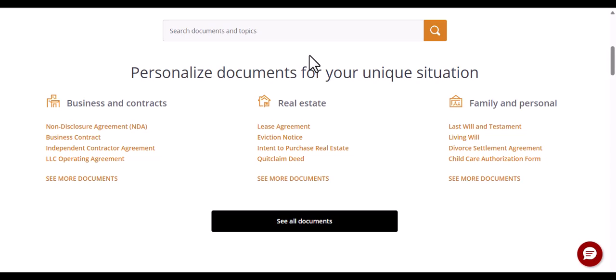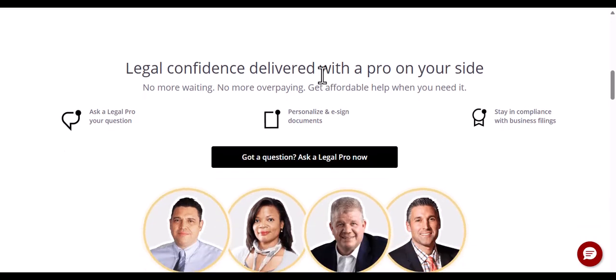Key components of a robust NDA. While Rocket Lawyer makes the process easy, it's still crucial to understand what goes into a strong NDA. Knowing these components will help you effectively utilize the platform and ensure your agreement is tailored to your specific needs. Parties involved.